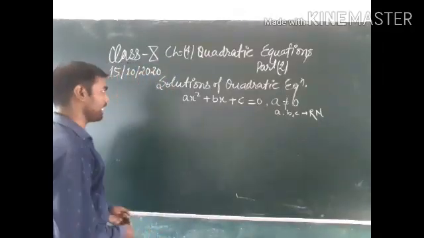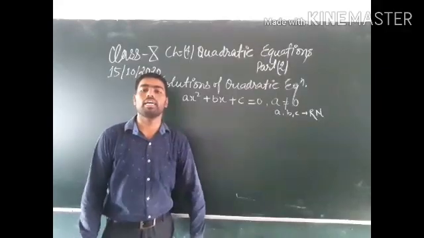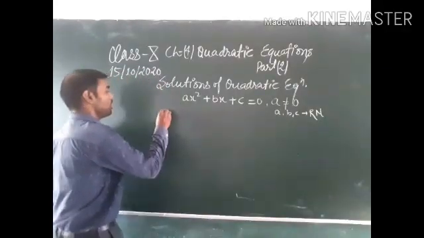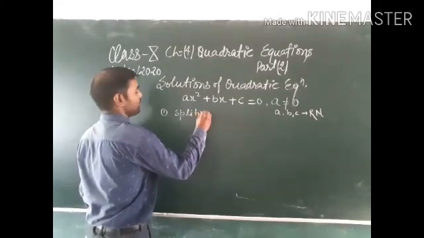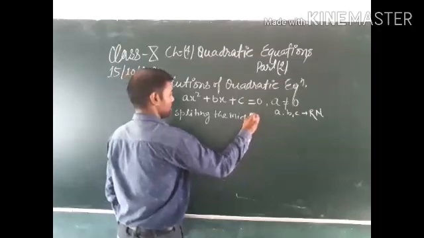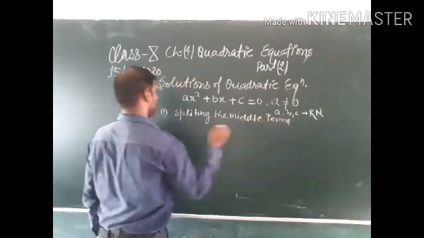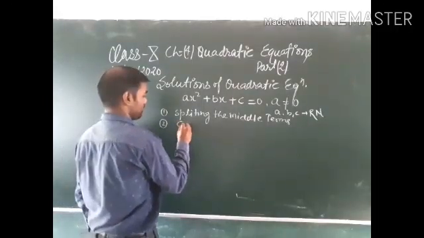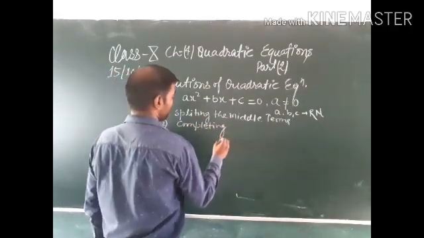We get the solution of a quadratic equation by three methods. First, splitting the middle terms. Second, completing the square method.